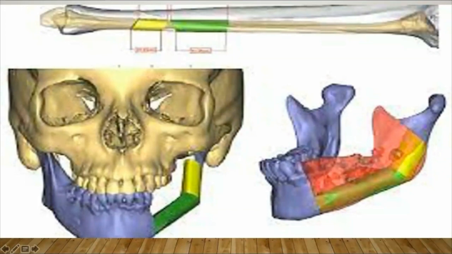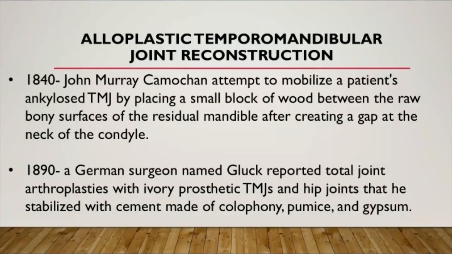This is just a picture showing where they use the fibula to replace a missing part of the mandible. Alloplastic temporomandibular joint reconstruction.